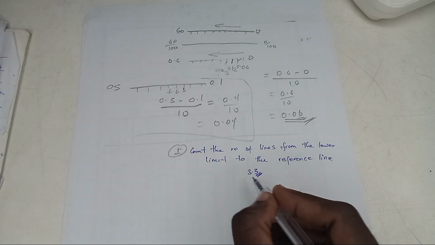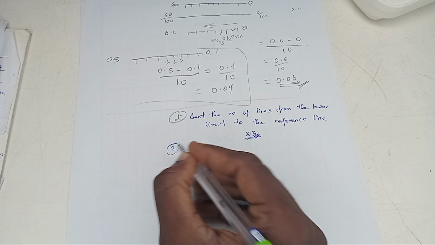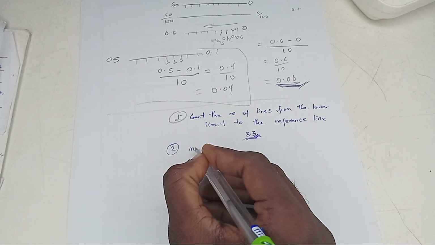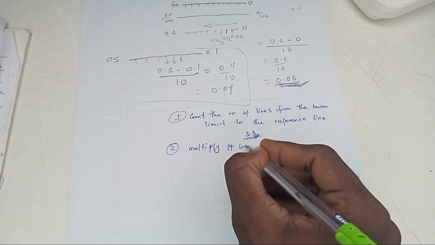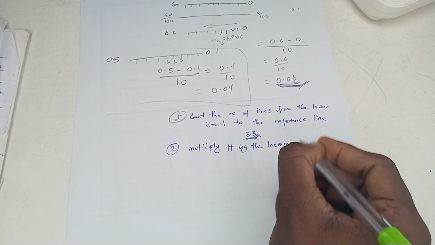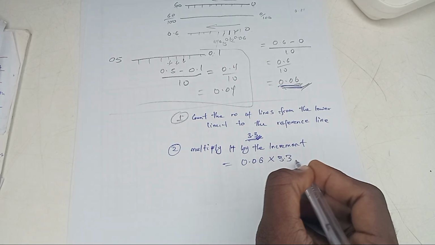After getting this, the next thing you do is multiply it by your increment. So that will give us 0.06 times 3.3 that we got here.